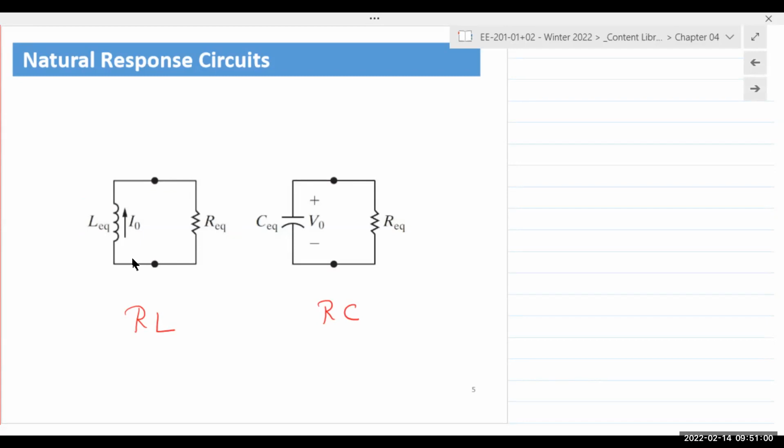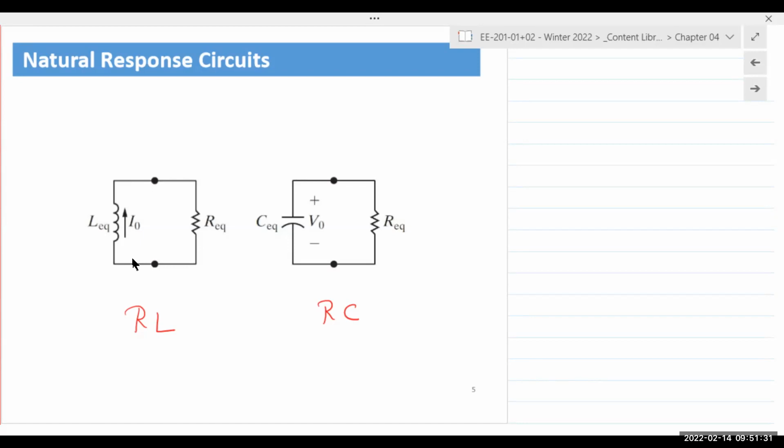Basically, there could be multiple inductors, multiple resistors in the circuit, multiple capacitors, and multiple resistors, but it is possible to reduce all of them down to one single inductance or one single capacitance. And the same thing with the resistance. So these are still first order circuits. The CEQ, LEQ, or REQ could be hundreds of capacitors in series or parallel. So physically, you could have more than one, right?